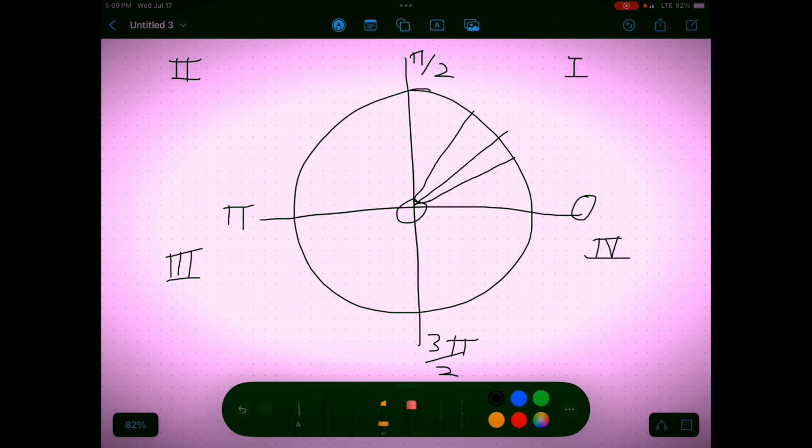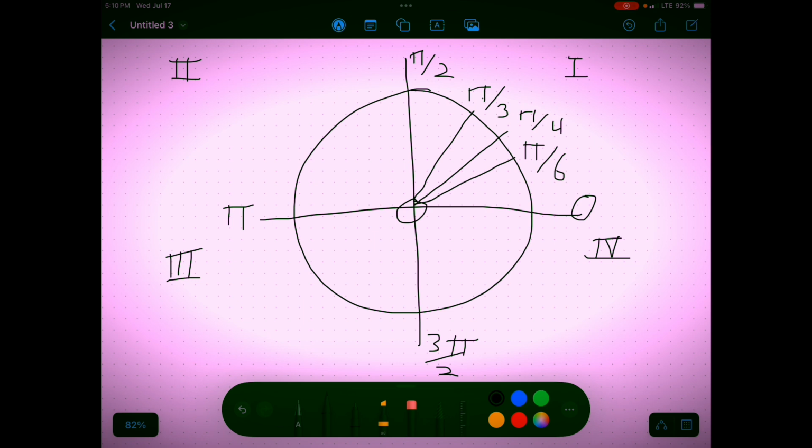In radians, what we have here is pi over 6, pi over 4, and pi over 3. So those are the 5 angles, really, that we want to work with, and everything else will be some sort of reference. We have 0, pi over 6, pi over 4, pi over 3, and pi over 2.